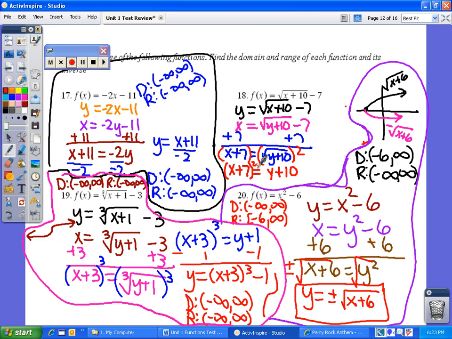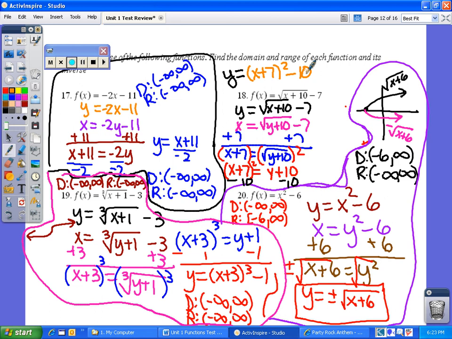So now to finish it off, you're going to subtract 10. And you're left with y equals (x plus 7) squared minus 10.